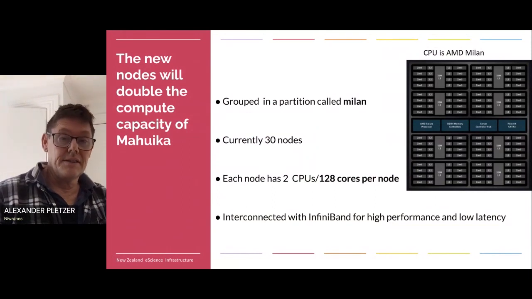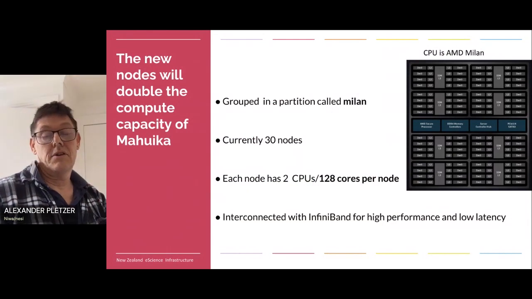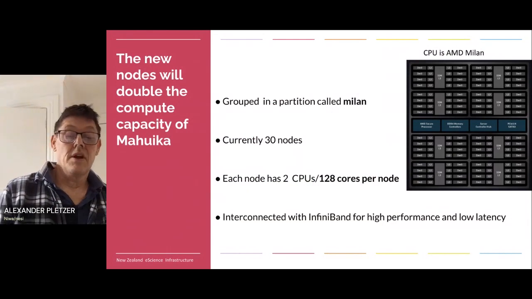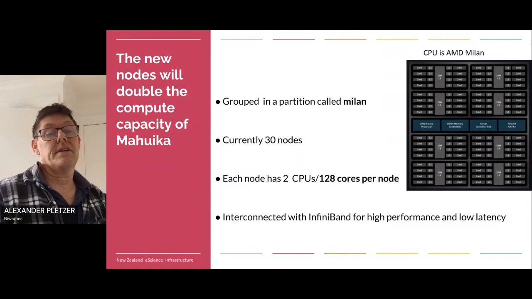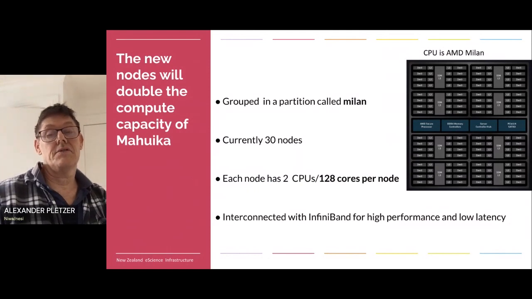This is rather different from the existing Mahuika nodes that we have, which have 36 physical processors or 72 logical cores. We also have a fast interconnect that connects the different nodes. So I think it's going to be attractive to MPI programs as well as OpenMP programs. OpenMP because you're just going to have so many more threads running on a single node.